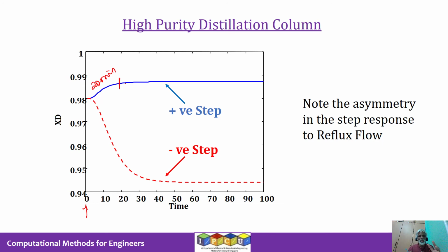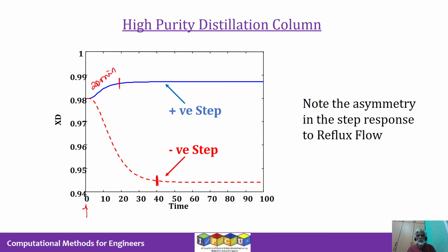For the same amount of valve closing, the system takes about 40 minutes to reach steady state before it flattens out. So this is another asymmetric behavior. The speed of response is different in two directions. This is what I alluded to when I said time constant of the system. All right, so this is the asymmetry both in terms of magnitude and in terms of the speed of the response.